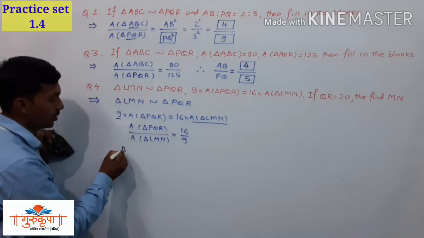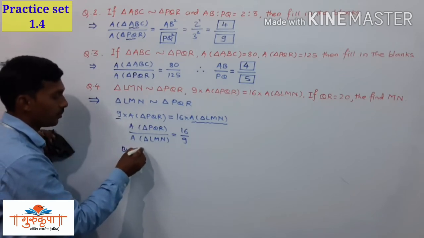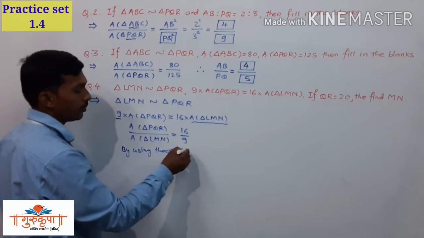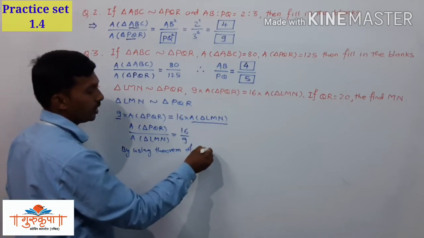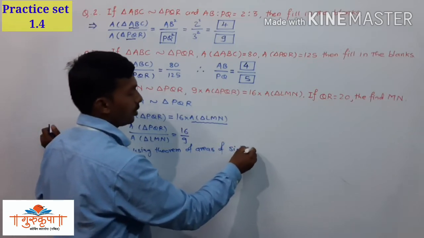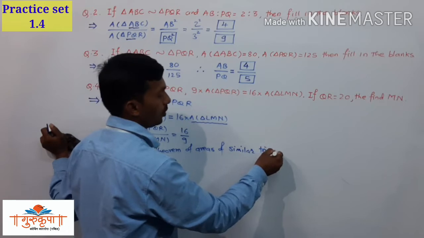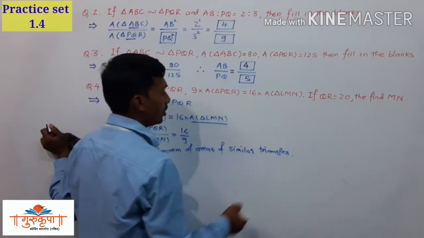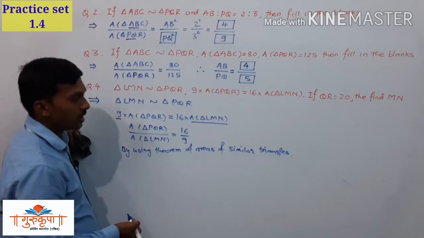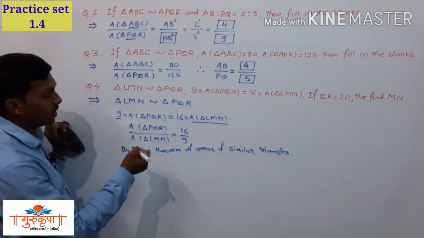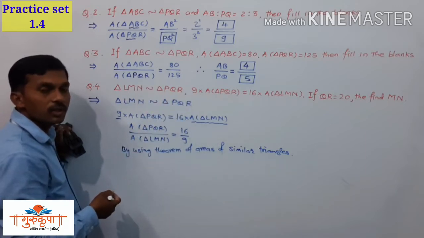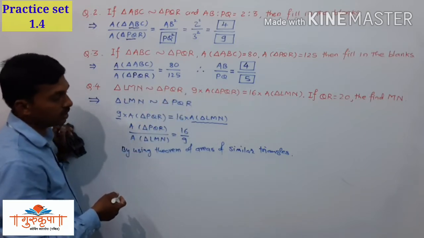Here we will write, by using the theorem of areas of similar triangles, when two triangles are similar to each other, the ratio of the areas of those two triangles is equal to the ratio of the squares of their corresponding sides.